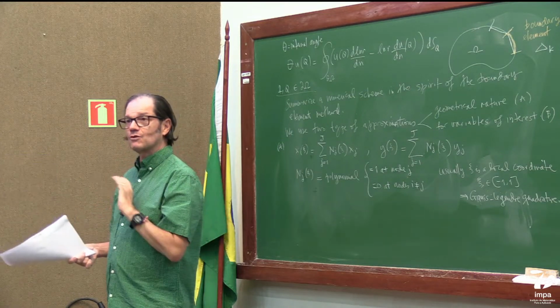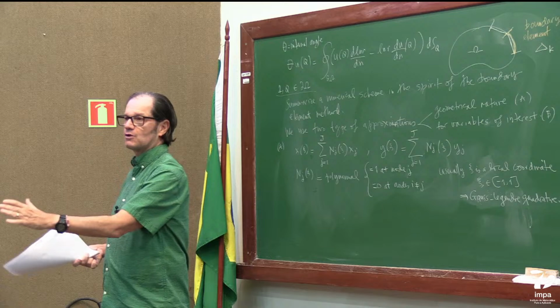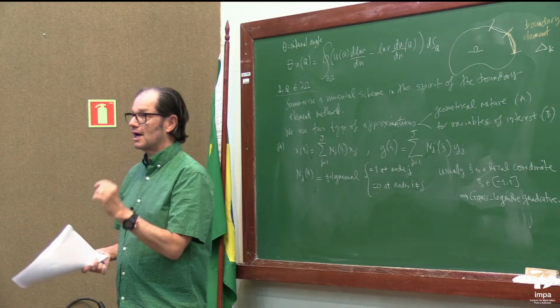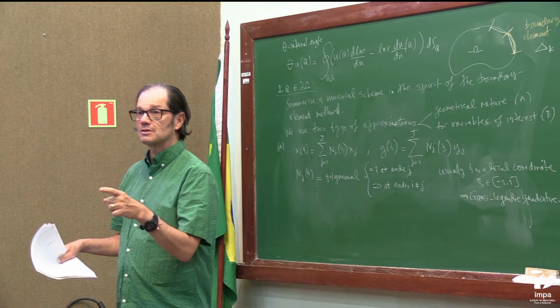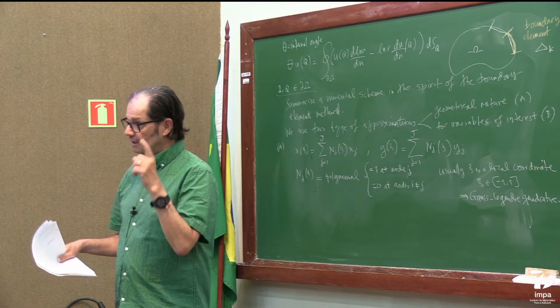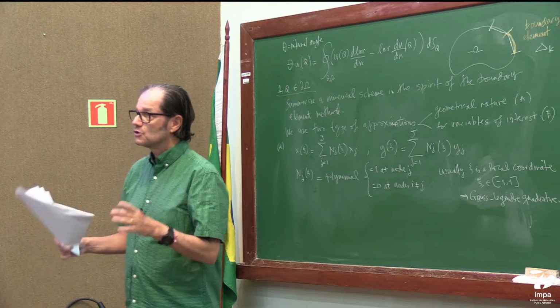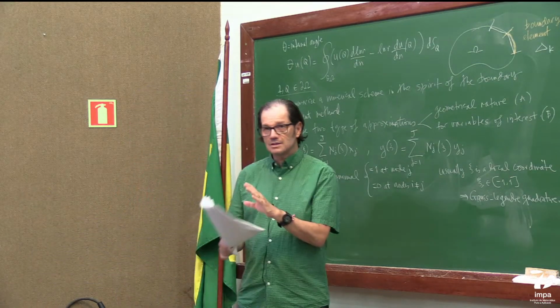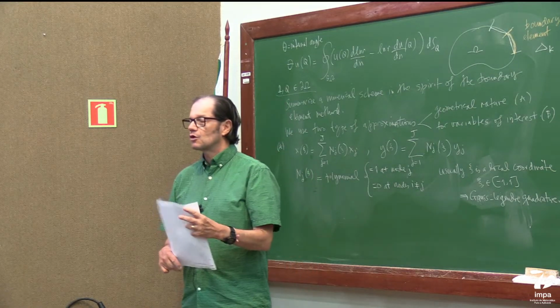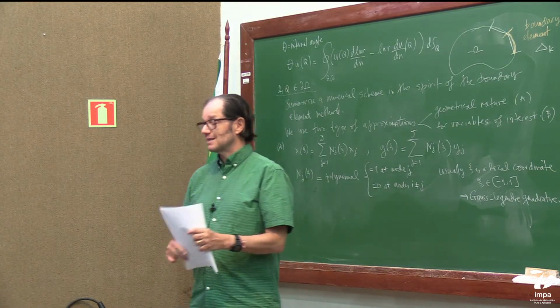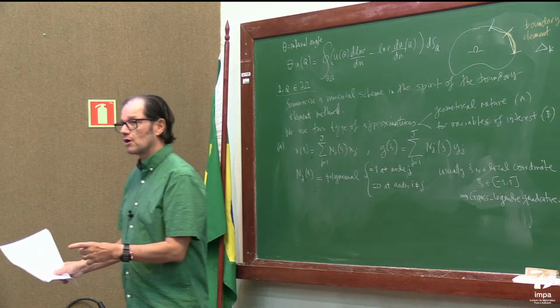So I don't put my grid points wherever I want. I have to follow certain rules to put the grid points. And where are the grid points? At the roots of the Legendre polynomial. So it's a clever quadrature in the sense that I cannot put my grid points where I want.